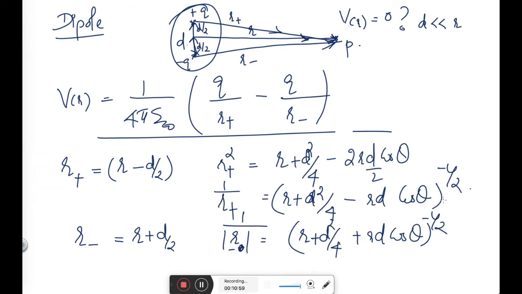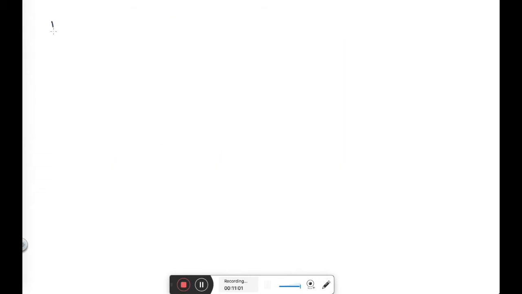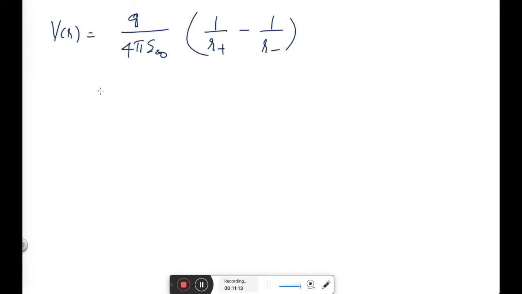Substituting it here, V of r equals Q by 4 pi epsilon 0 times 1 by r plus minus 1 by r minus.